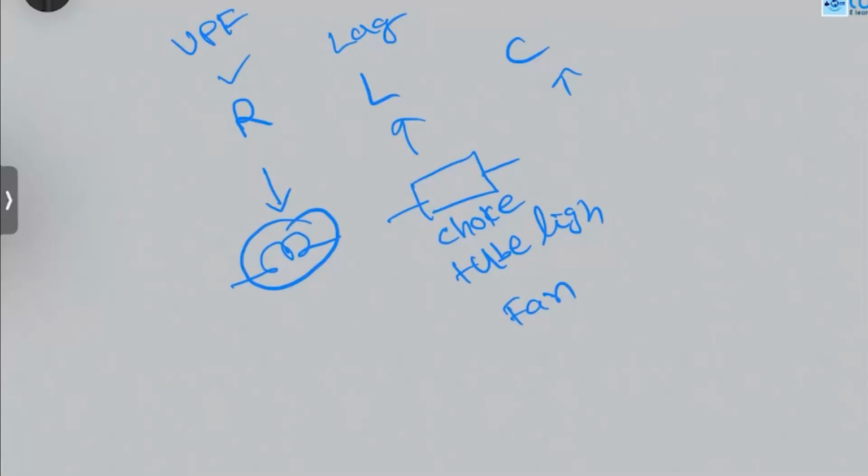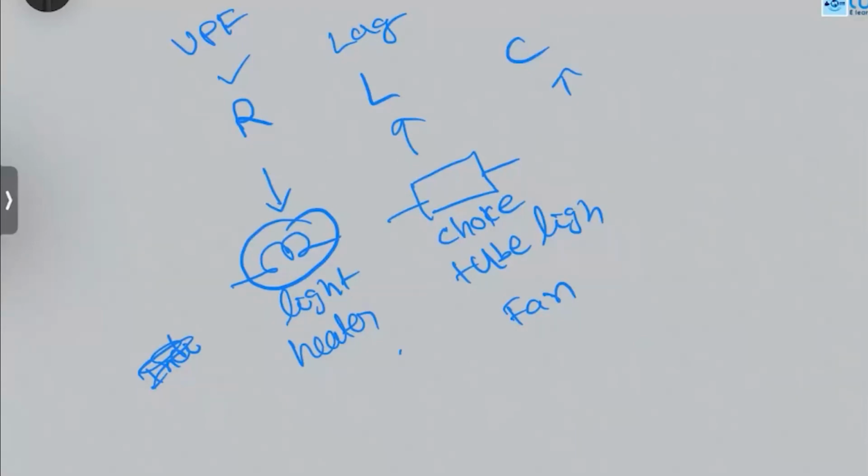Wherever we can quantify a pure resistive load, pure resistive loads are the incandescent bulb and the heater. Geyser is not included, only the heater, sir.